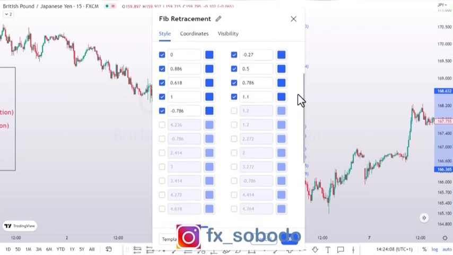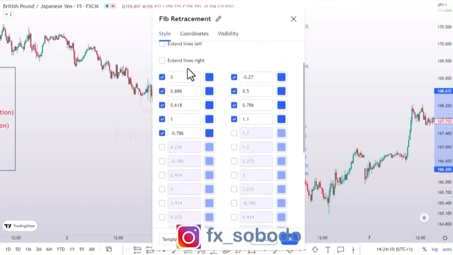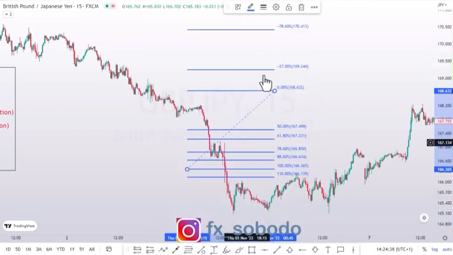As you can see, these are the values we are interested in: 0.886, 0.618, 1, negative 0.786, negative 0.27, 0.5, 0.786, 1.1, as you can see on the screen here.